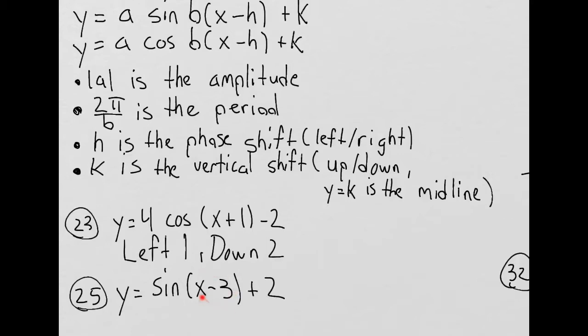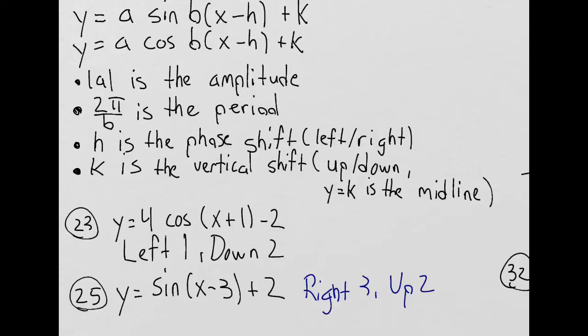But again, what we're focusing on are our shifts. So we're looking right here. We have an x minus 3. That means that's a right 3 shift, phase shift to be specific. That's right 3. And that plus 2 right here, well, it's up 2. So nothing really new here.